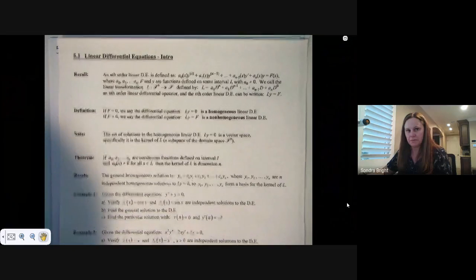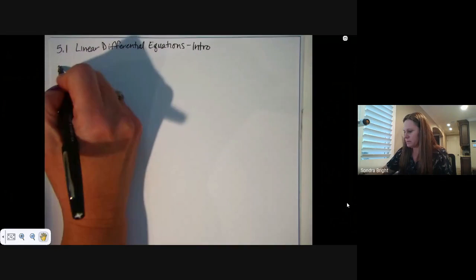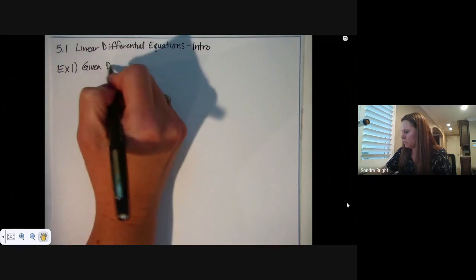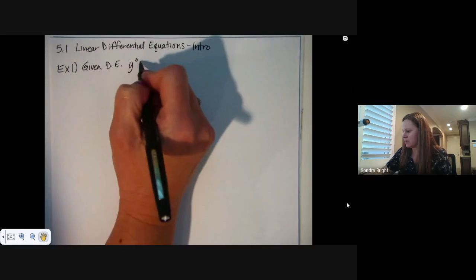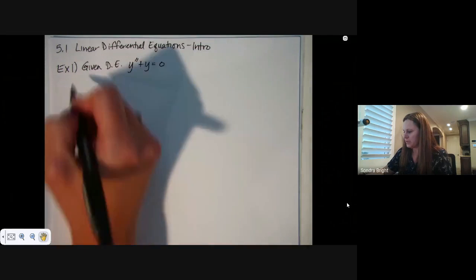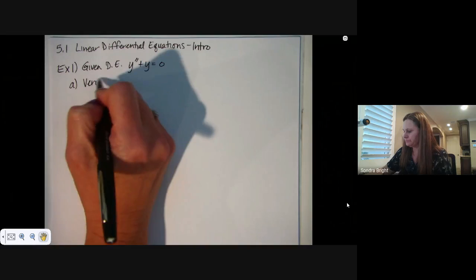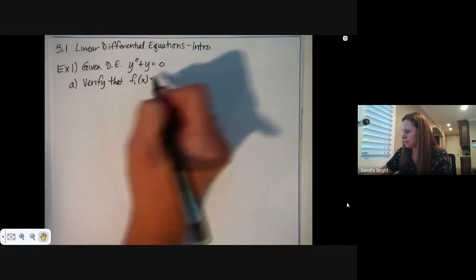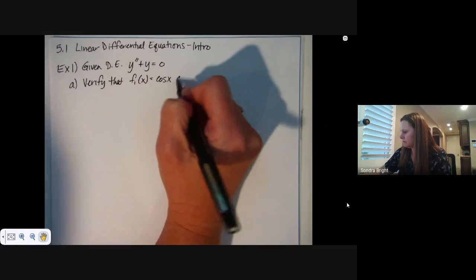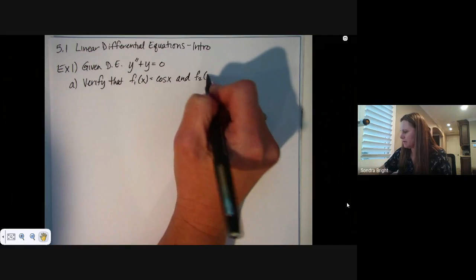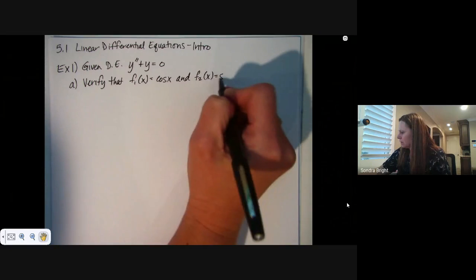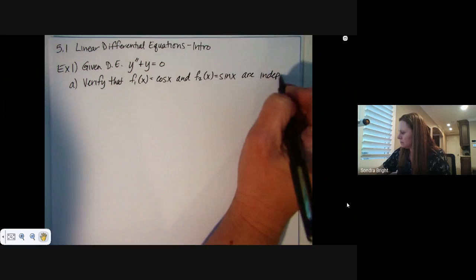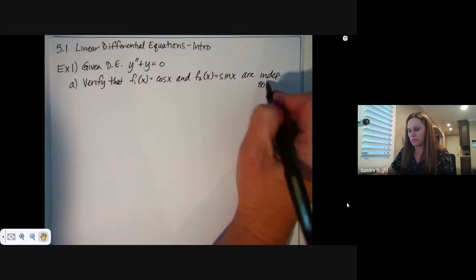So going through example 1. Given the differential equation y double prime plus y equals 0, the first thing we're going to do is verify that cosine of x and sine of x are independent solutions to this differential equation.